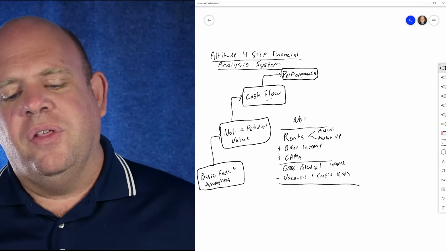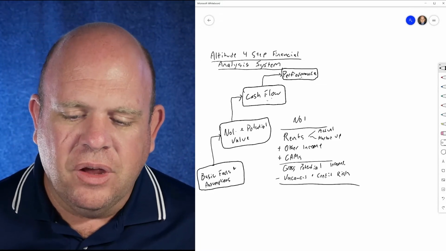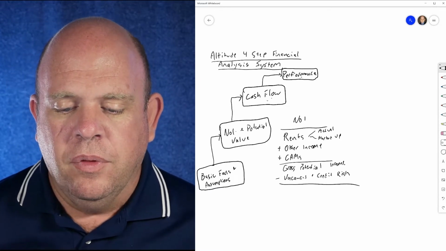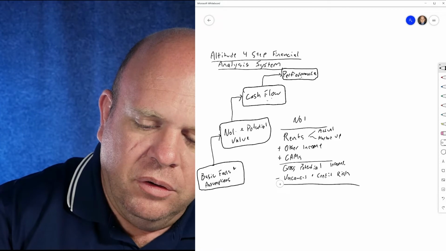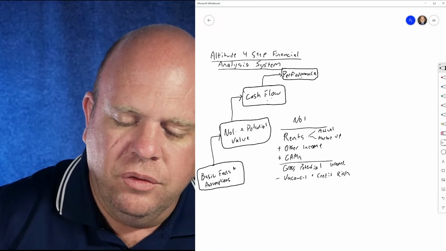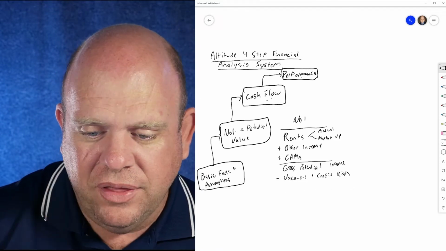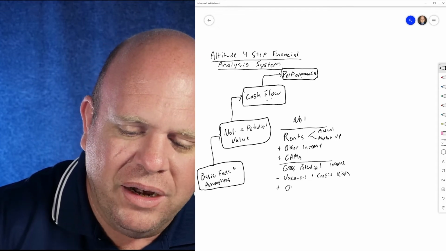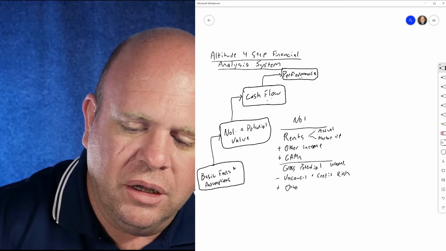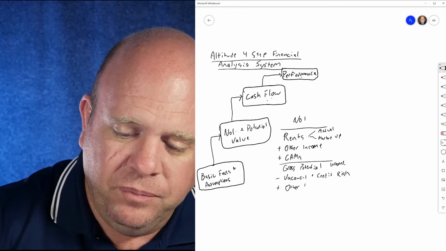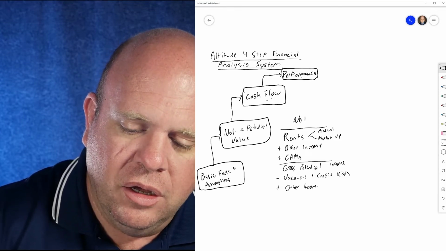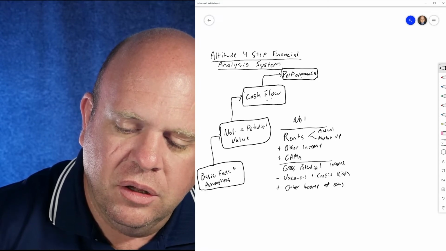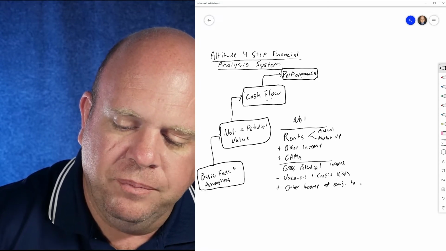So we subtract those out, and then we can add back another category of other income. This is different: other income not subject to vacancy.